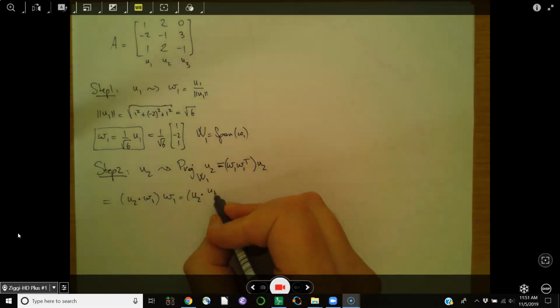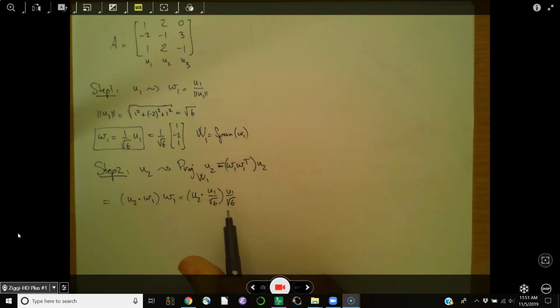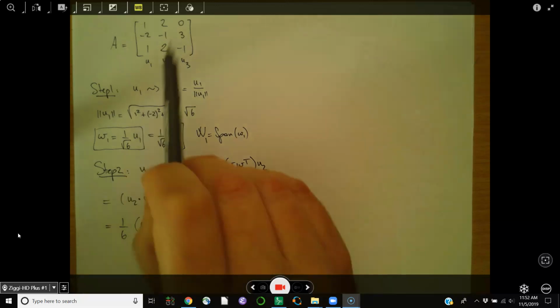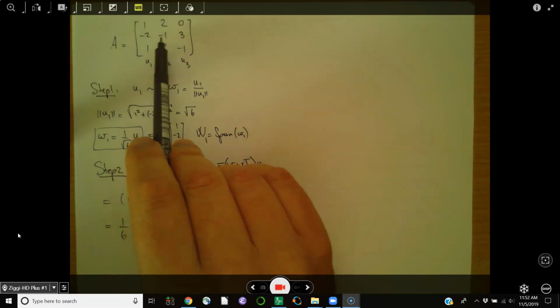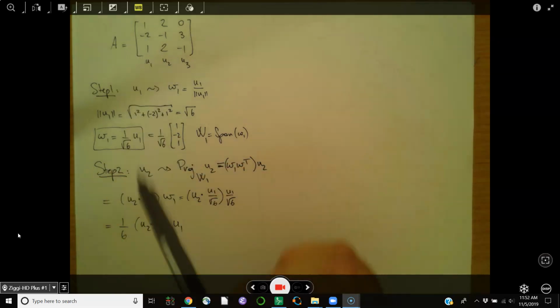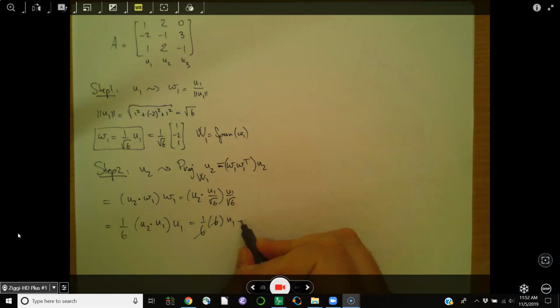So I have to take u1 over root 6, u1 over root 6. So the two root 6s come out and they give me just a sixth. And then all I have to do is u2 dot u1 and then multiply that by u1. So I just have to take the dot product here across. So 1 times 2, -1 times -2, and 1 times 2, so I get 6, right? So the 6s cancel, so you just get u1. So that's nice.